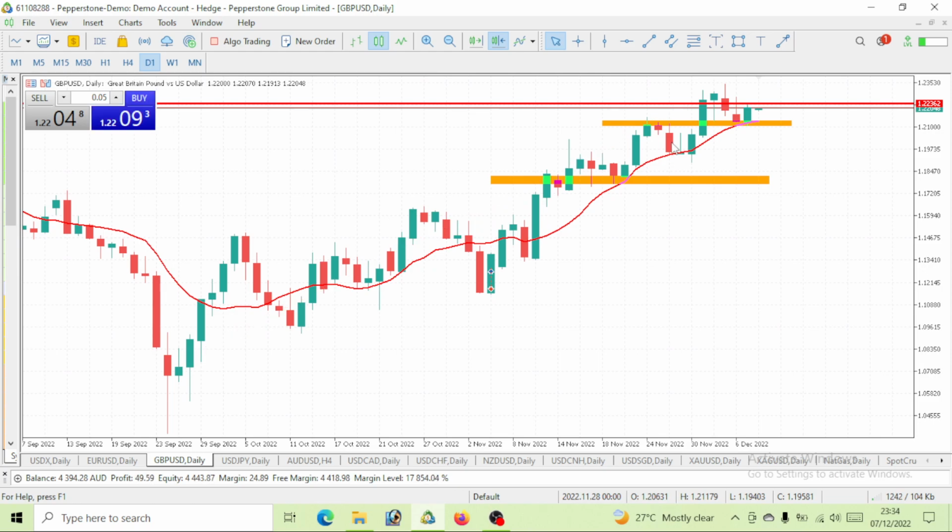The second question you ask yourself: has a pullback been made, especially when it's an uptrend? On an uptrend, you tend to have higher highs, then you will have a correction. Then you would have higher highs again, new highs, a correction will be made, a new high. So you want to ask yourself, has a pullback been made yet or not?